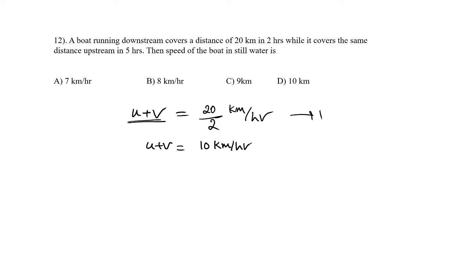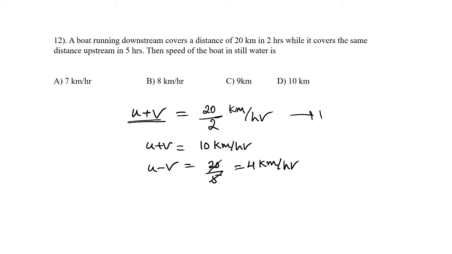While it covers the same distance upstream. Upstream means U minus V, with time 5 hours. Same distance means 20 kilometers by 5 hours. After cancellation, the result is 4 kilometers per hour.